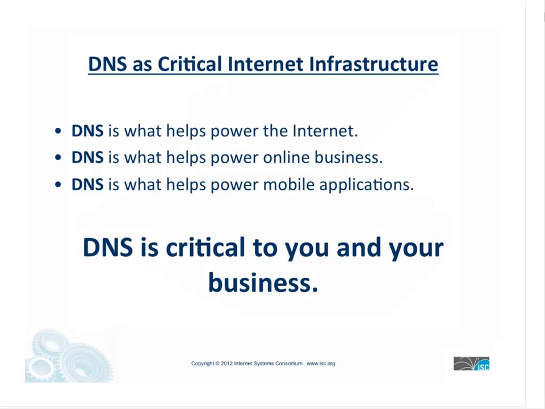Every hostname you type in, every email that you send, every update you make on a social networking site all use DNS. DNS is what helps power online businesses. Every order you make online at an auction house or department store uses DNS, or even to transfer money between bank accounts, or to pay a friend back for your share of last night's dinner uses DNS for part of that transaction.